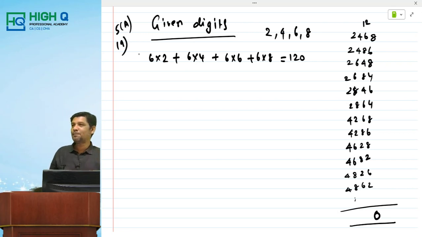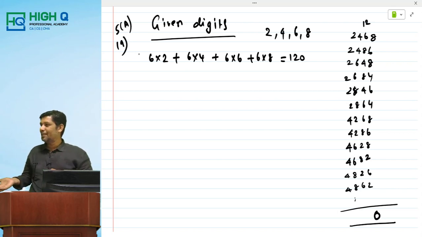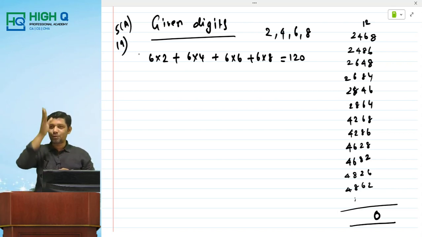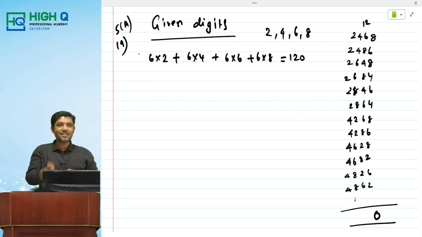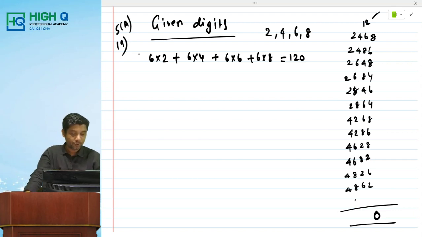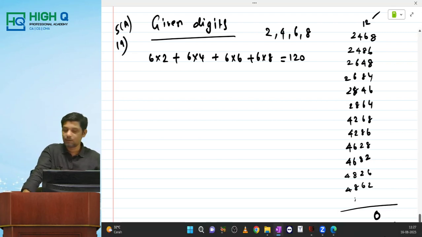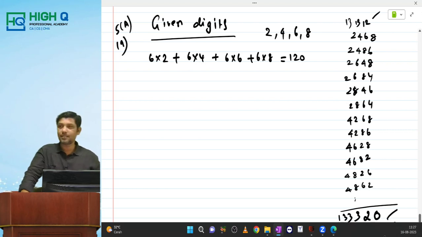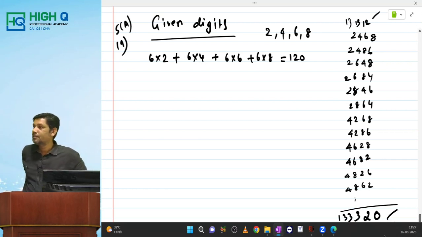If I add the tens place, what will I get? Again 120 only, because tens place also will have 6 2s, 6 4s, 6 6s and 6 8s. 120 plus 12? 132. Remaining is 13. Again 120 only will come. 120 plus 13? 133. Remaining is 13. Again 133. This is the answer. Am I right, my dear?